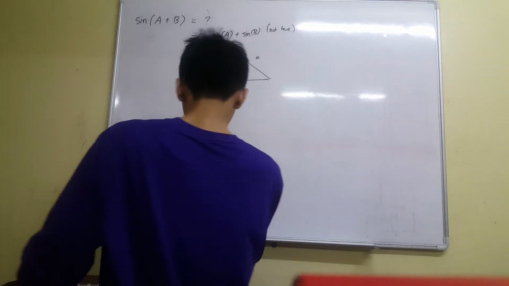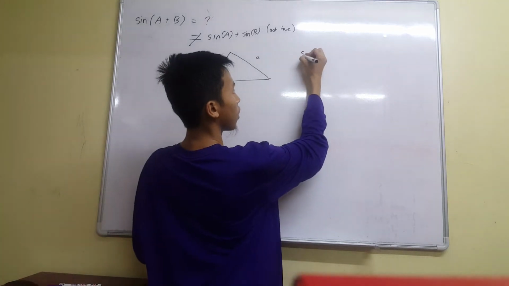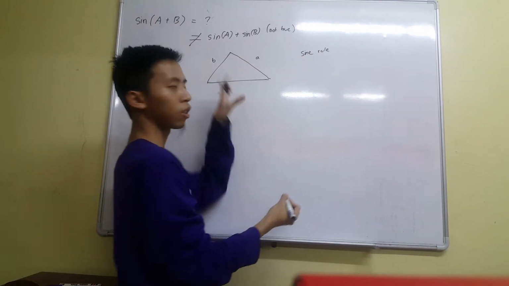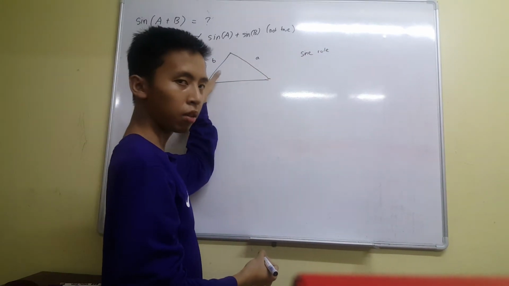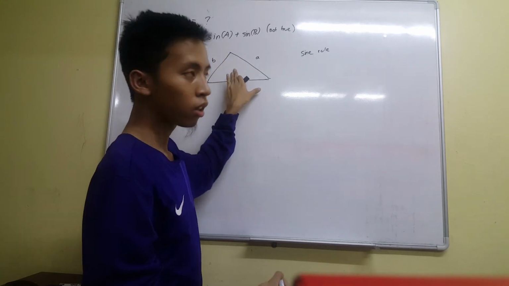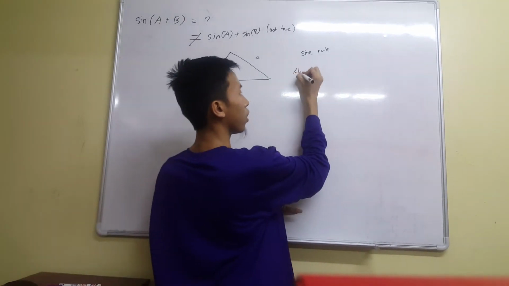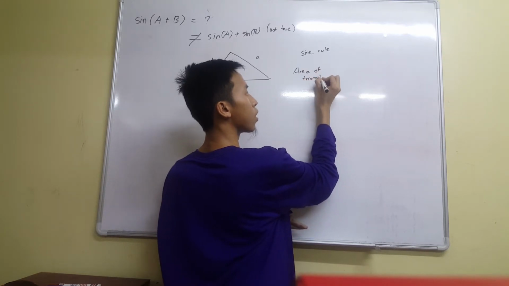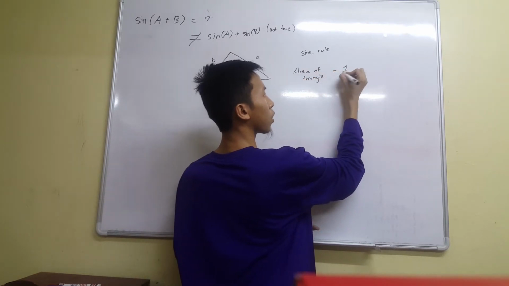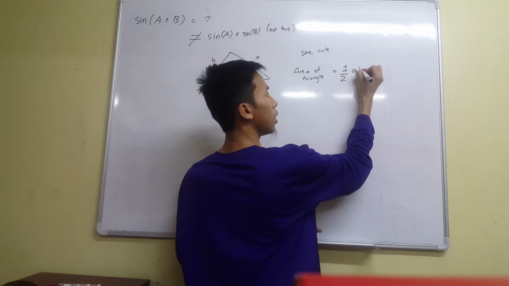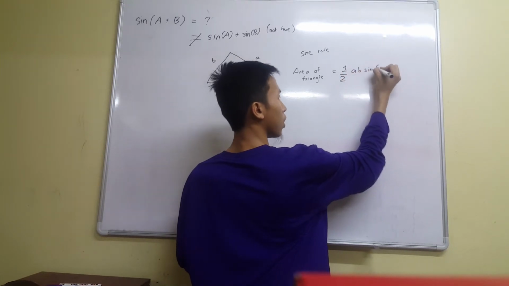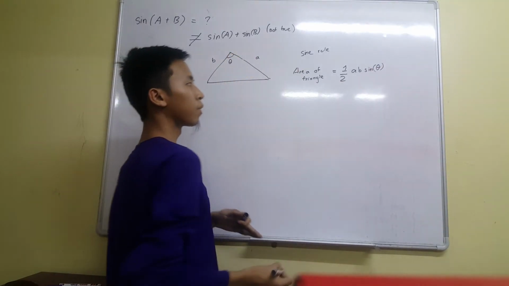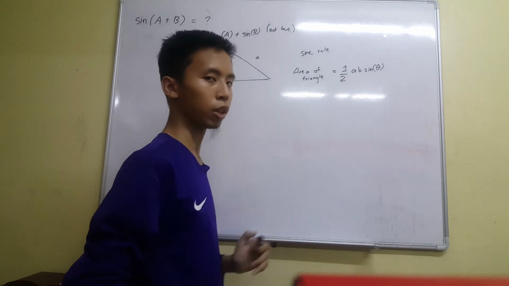From the sine rule, which states that for any given triangle with sides A and B, the area of the triangle is equal to 1 over 2 AB sine theta. Let's label theta as the angle between them.